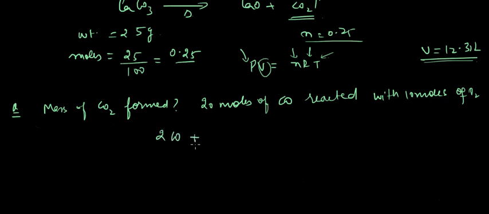Let me first write the unbalanced equation: CO plus O2 gives 2 CO2. Here carbon atoms are 2, so it has to be balanced with 2 carbon atoms. Now here we have 4 oxygen atoms, and so here also we must have 4 oxygen atoms.